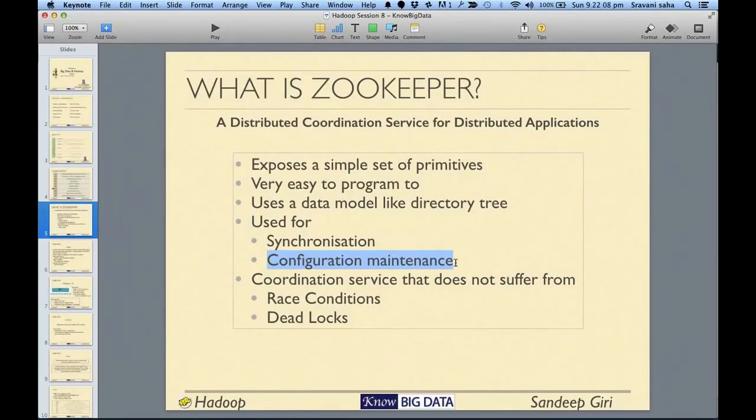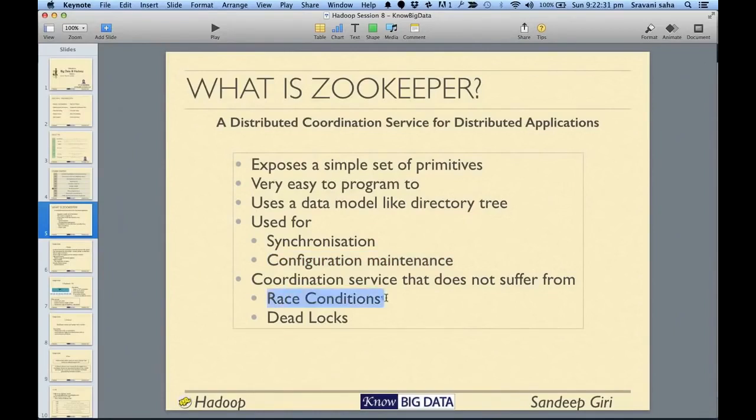Okay. So this is a coordination service that does not suffer from any race conditions and deadlocks. Can somebody explain what is race condition? Or you want me to explain what is a race condition?